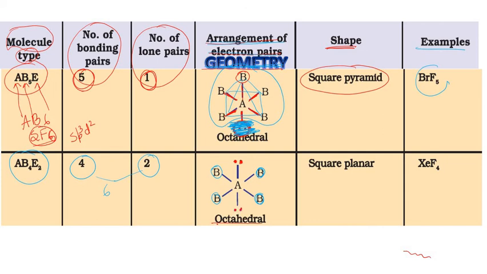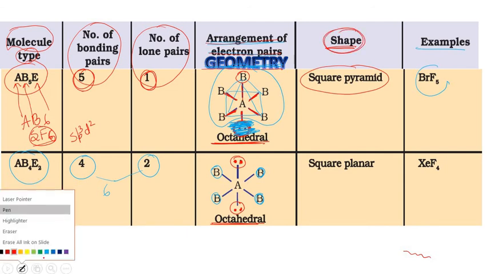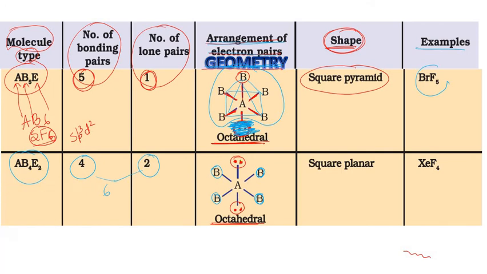And the geometry is octahedral. No doubt in the earlier example also it was octahedral only, right? But because of the presence of these 2 lone pairs, one above and one below, the shape is undergoing distortion. And when I speak of that shape, as I've already told you, I have to hide the lone pairs.